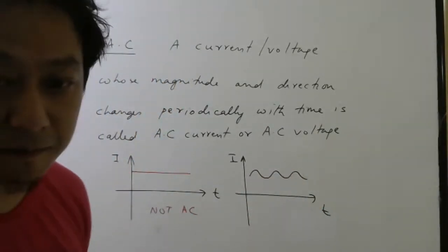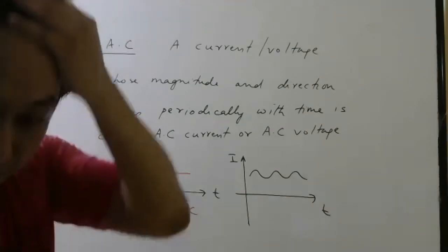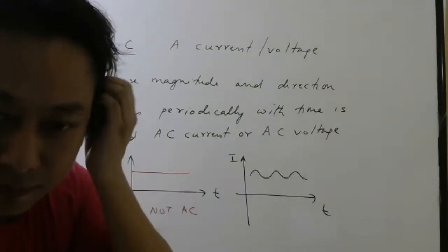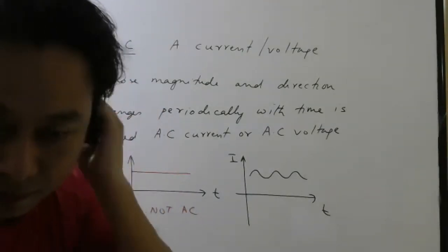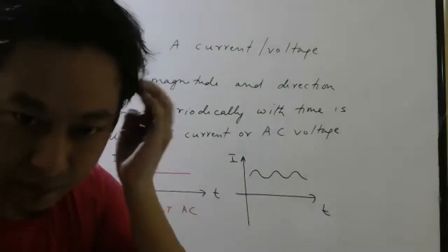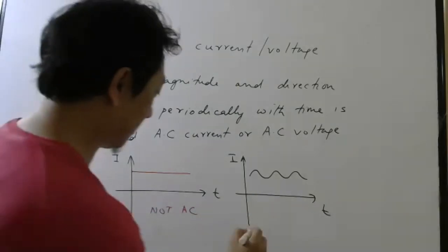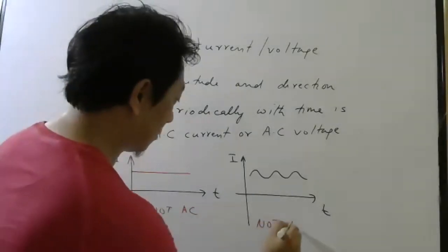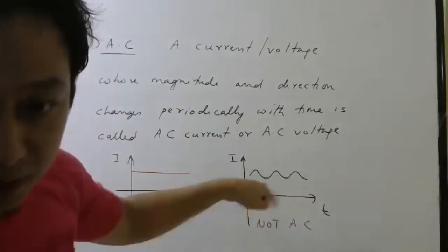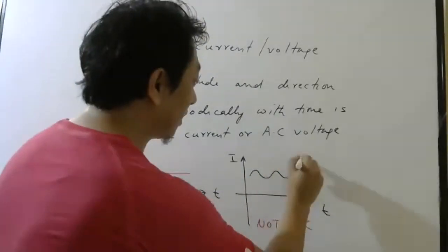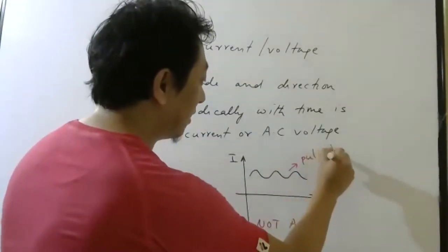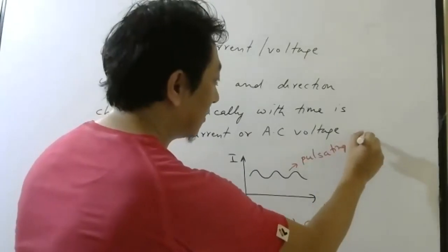Is this AC? No, this is not AC. Such kind of current we call pulsating current, pulsating DC current.